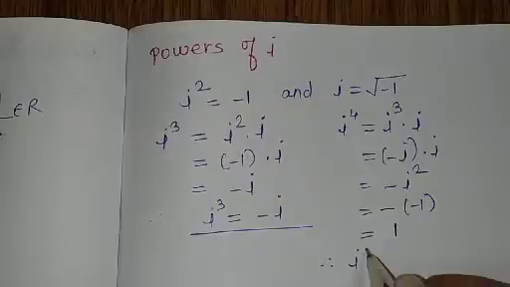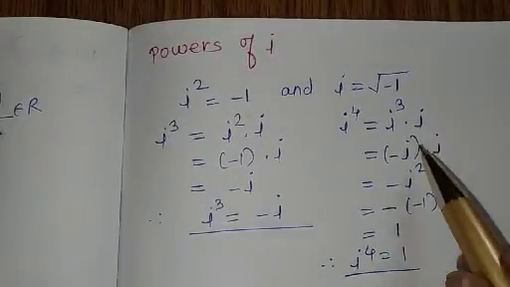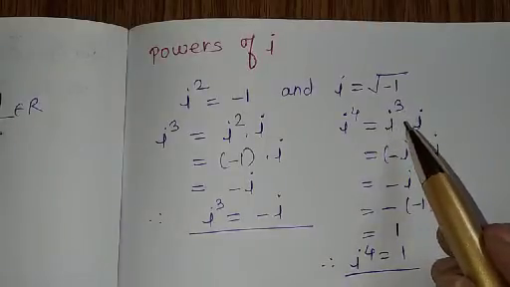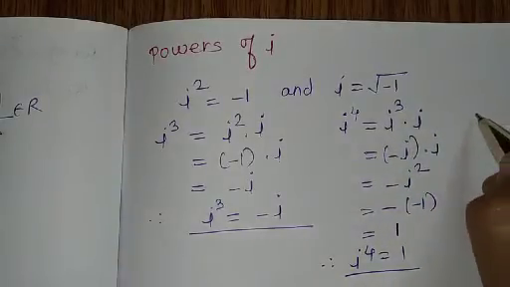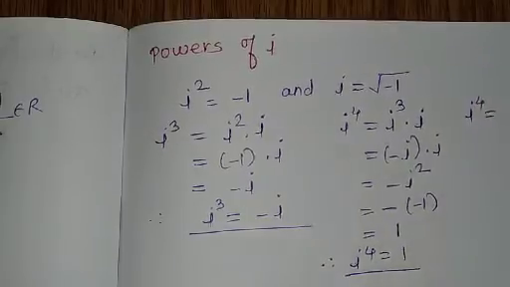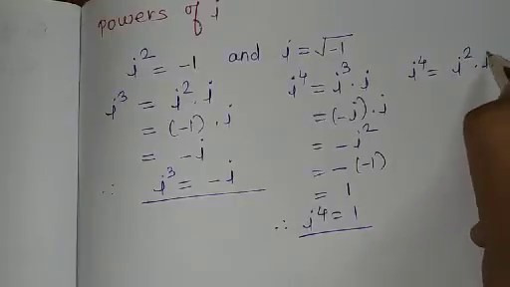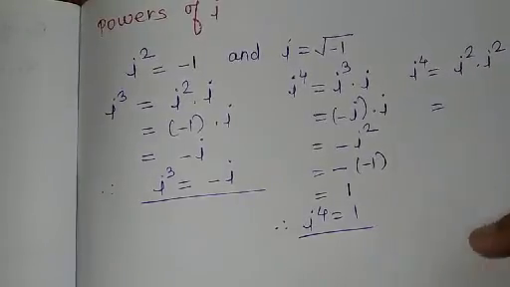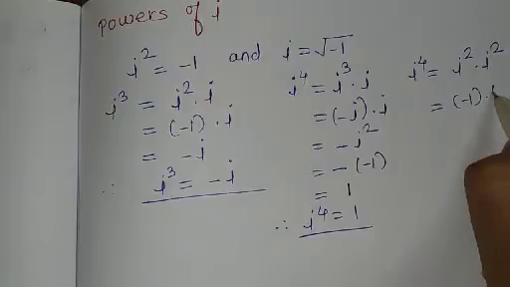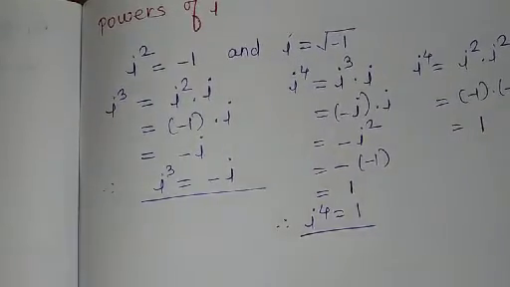Therefore, iota raised to 4 is equal to 1. Instead of iota cube into iota, we can also write iota raised to 4 as iota square into iota square, which is minus 1 into minus 1, which is equal to 1.